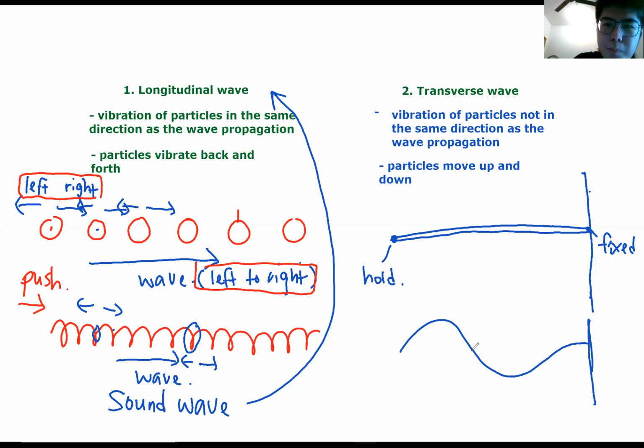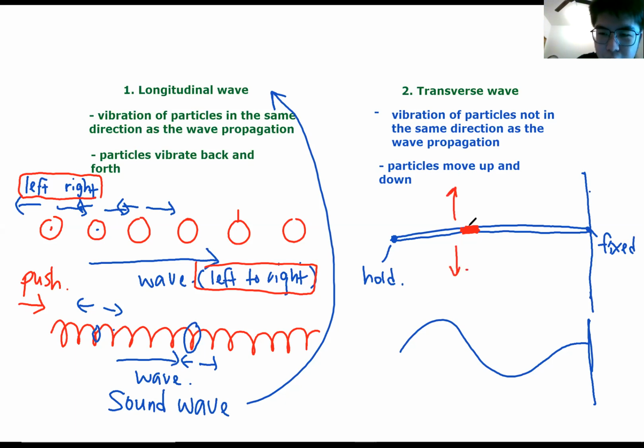If you were to mark a red dot here, let's say you just take a marker pen and mark a red dot here, and observe how the red dot moves when you do the up-down movement. It will move up and down.